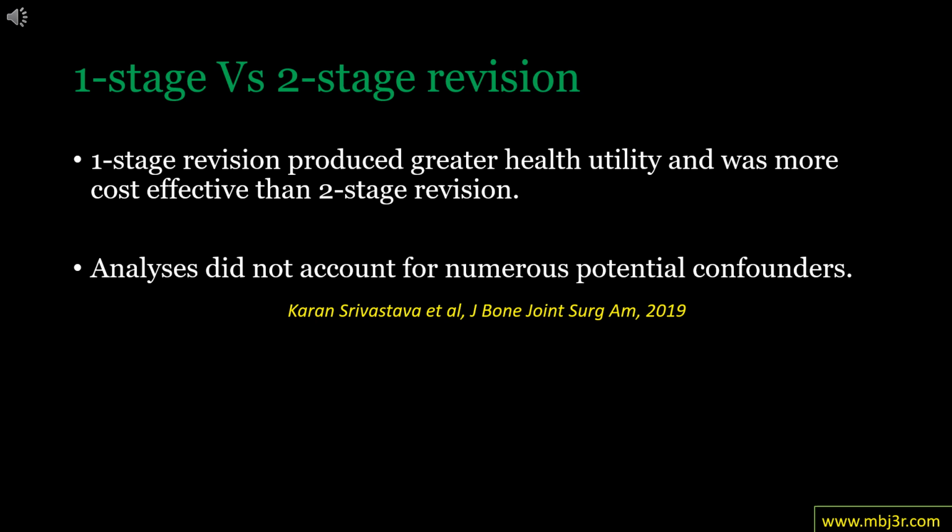One analysis considered all pathogens and a second considered difficult to treat cases such as those involving methicillin resistant microbes. In both scenarios, a one-stage revision produced greater health utility and was more cost effective than two-stage revision. However, the authors' analysis did not account for numerous potential confounders.